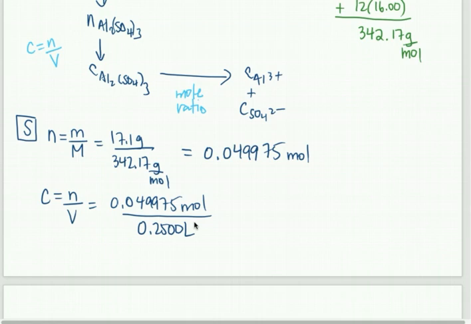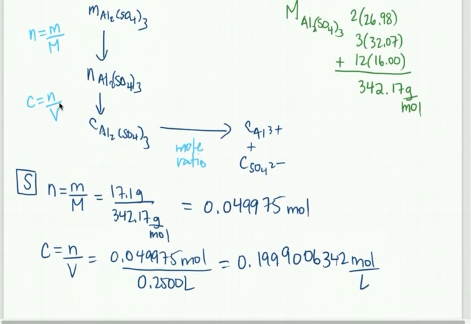Okay, and let's divide that out. And you end up with a concentration of, I'm just going to carry all the digits here. So mole per liter, like that. Okay, so we know the concentration of aluminum sulfate.